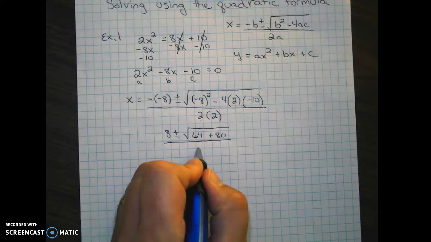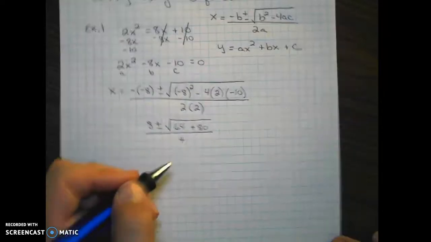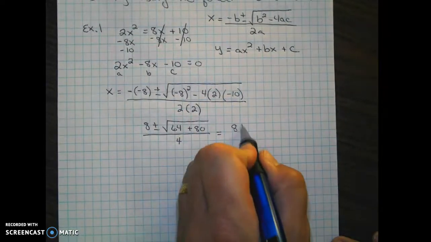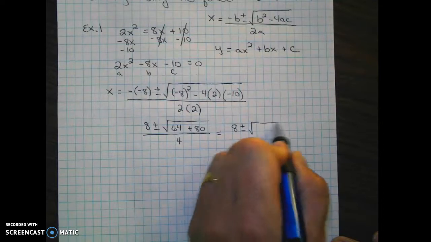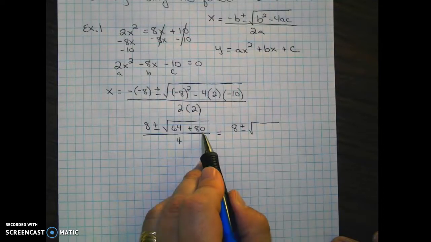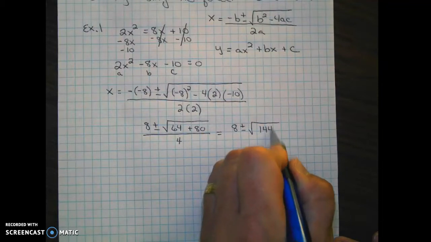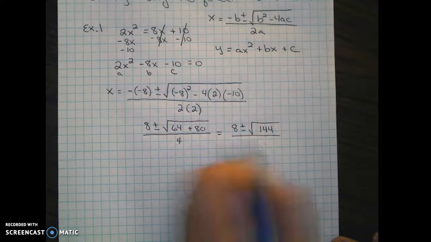And 2 times 2 is 4. So I'm going to go ahead and move this direction now. So we're going to have 8 plus or minus the square root of 64 plus 80. That's going to be 144 over 4.